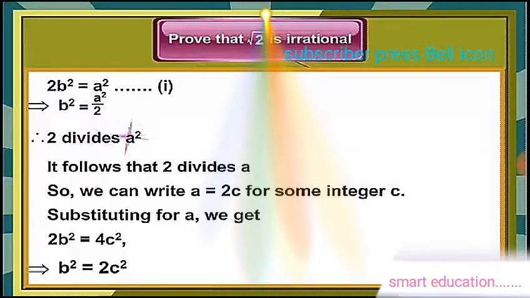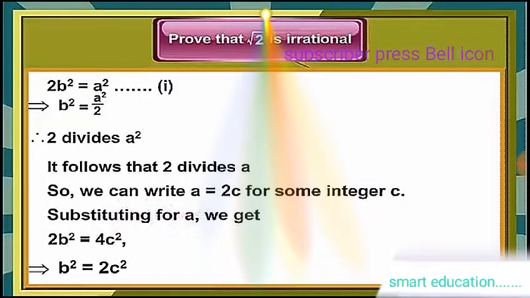Therefore, we can say that 2 divides a square. Now, from the already proved theorem, it follows that 2 also divides a. Thus, we can write a is equal to 2c for some integer c.